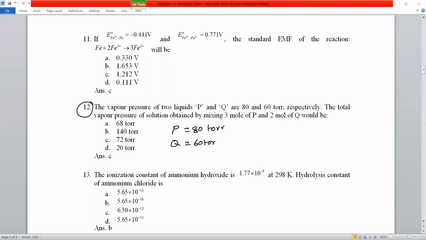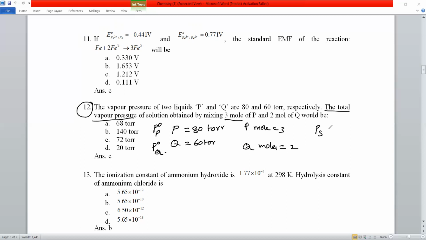They're asking for the total vapor pressure of the solution obtained by mixing 3 moles of P and 2 moles of Q. What law do we have to apply here? Raoult's law.